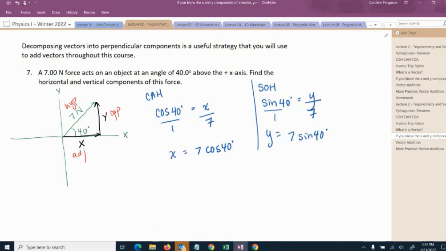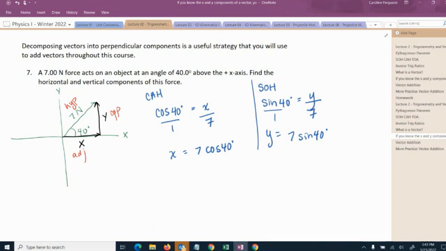And it's going to the right, so it's positive. Done. Next, I'm looking for the y value. That's the opposite side, so it's going to be sine. So it's going to be the hypotenuse sine of the angle, so 7 sine 40. And it's going upwards, so it's positive. Okay? We're going to do it the fast way. We're not going to have to start from the beginning with cos of the angle equals adjacent over hypotenuse and cross multiply. Takes too long.